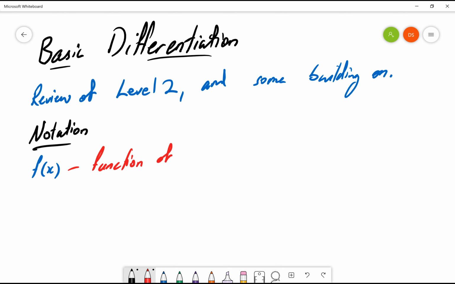Subsequently, you could continue to use f of x, then g of x, then h of x, and so on as other functions of x. F is the first letter we use because it denotes function, and the rest is because it's just really general.